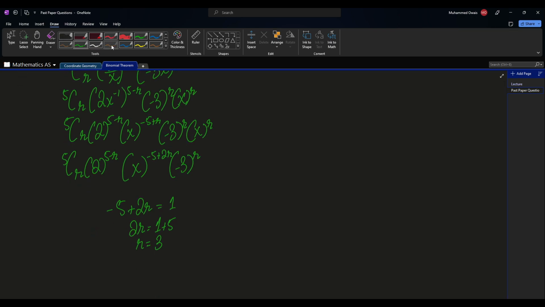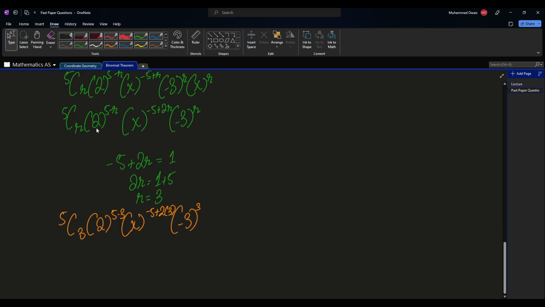Now we just need to plug it in. So this becomes 5c3 into 2, 5 minus 3 into x minus 5 plus 2 into 3 into minus 3 whole power 3. So 5c3, what is 5c3? 5c3 is 10, and 2 now has a power of 2 as well.